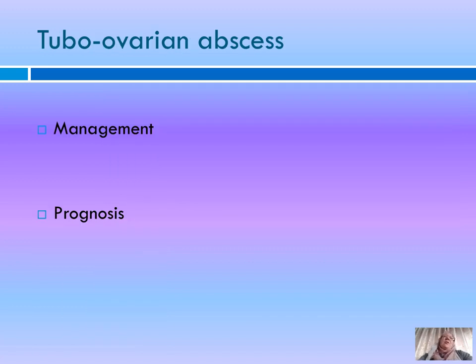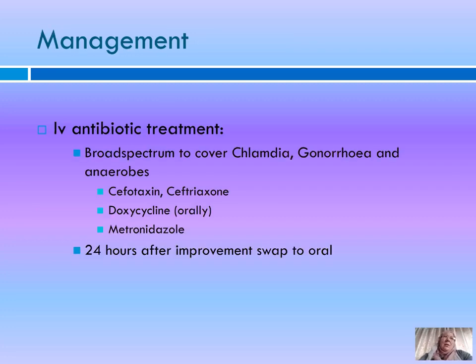So what is the management of tubo-ovarian abscess or pyosalpinx? Yes, the management is IV antibiotic treatment with a broad spectrum antibiotic covering chlamydia, gonorrhea, and anaerobes. This is usually cefotaxime or ceftriaxone, doxycycline, metronidazole.